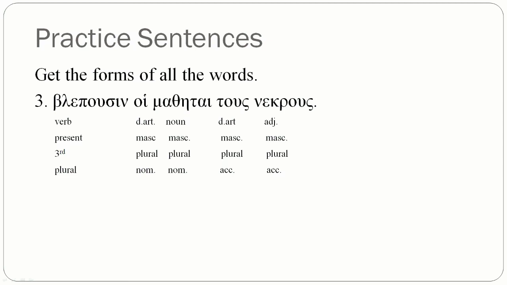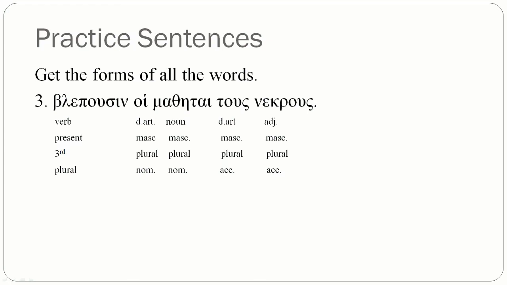Hoi and mathetai are related. Have a look at the next word or words here. Okay, tus necrus. You see that the ending is the same, and unfortunately these are also agreeing with each other. Tus is the definite article, necrus is an adjective. Each one of them is masculine, plural, and accusative. Okay, so those ones are together.